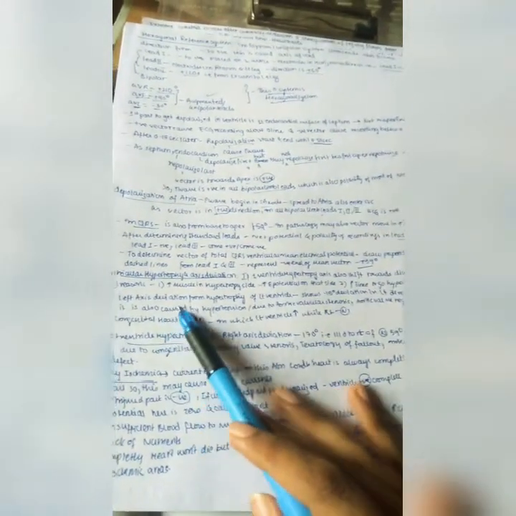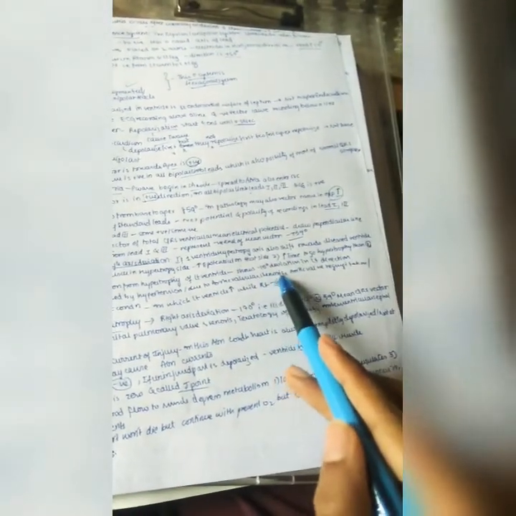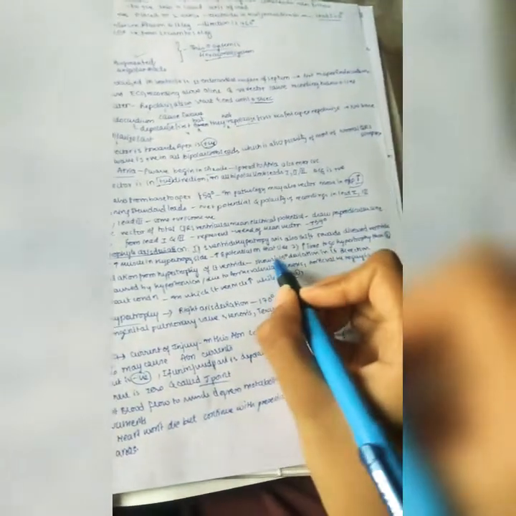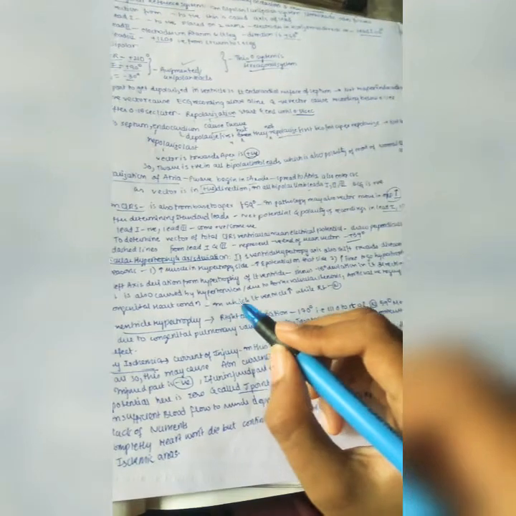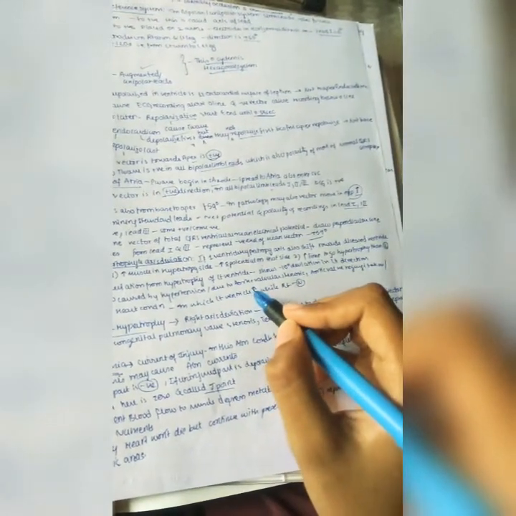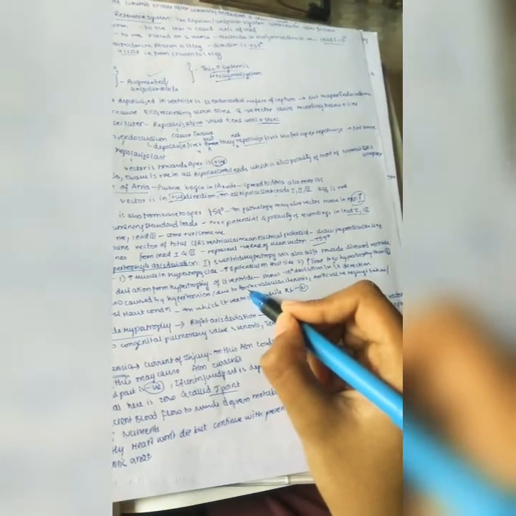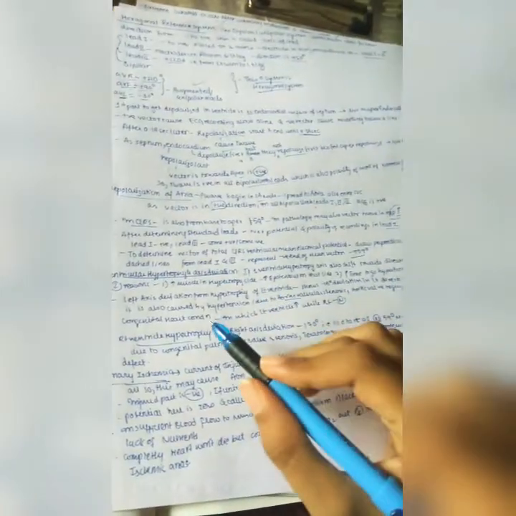The left axis deviation from hypertrophy of the left ventricle shows a minus 15 degrees deviation in the left direction. It is also caused by hypertension, or aortic valvular stenosis, that is, hypertrophy caused by aortic valvular stenosis or aortic valve regurgitation, or a congenital heart condition.